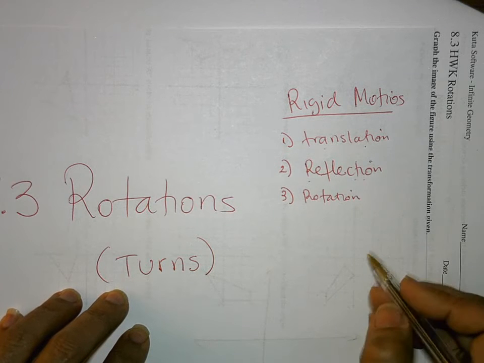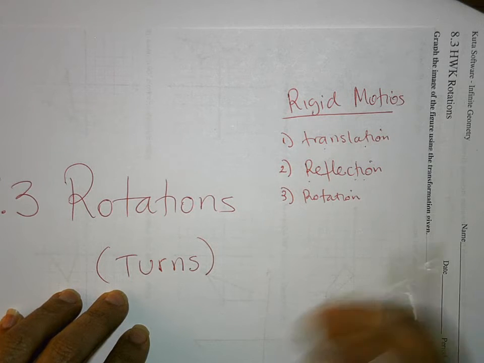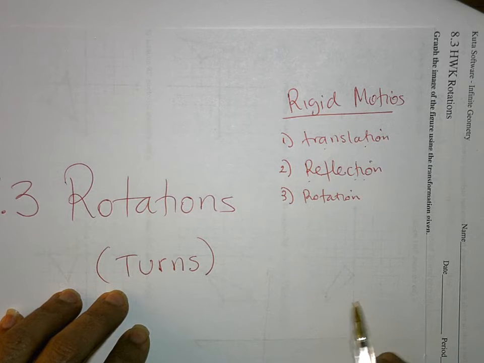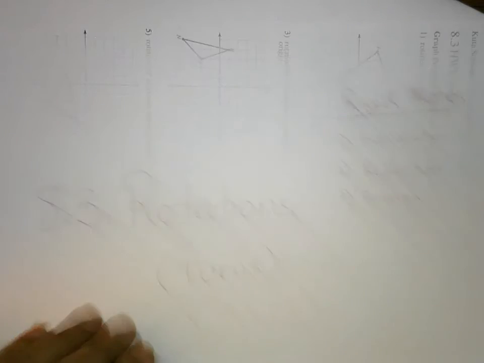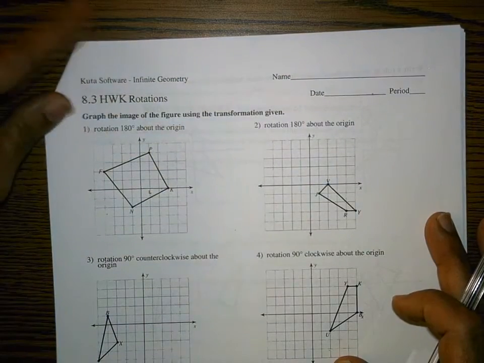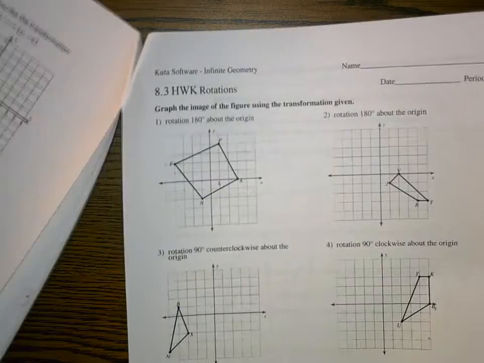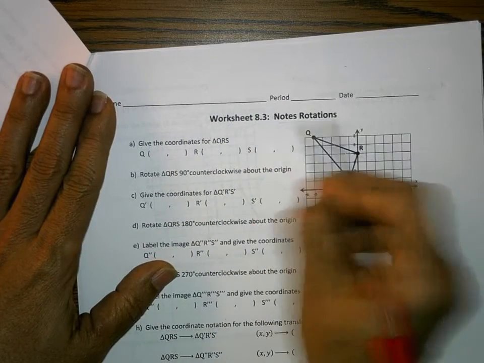Something that is not a rigid motion is something where you change the shape or you change the size of a certain figure. And we're not doing any non-rigid motions, we're only doing rigid motions. Okay? So let's focus on rotation. I'm going to go directly to your homework worksheet. Now, if you are confused, remember, we did the notes worksheet in class. This is worksheet 8.3, notes rotation.